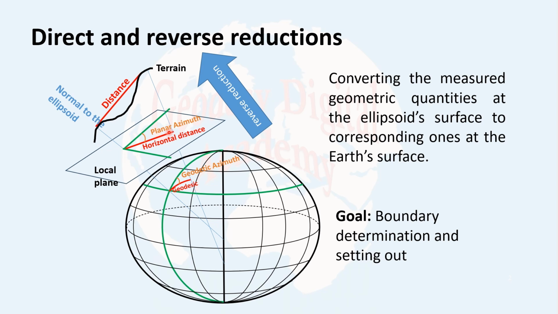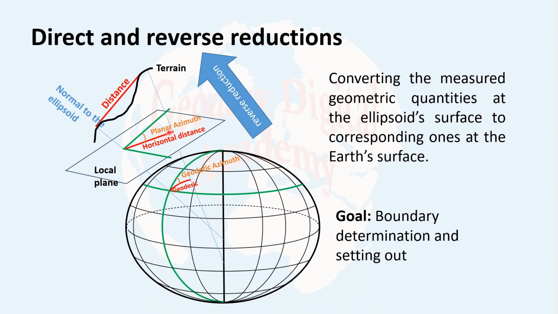For example, we want to make a big project over a country, and we need to design some boundaries or design roads, for example, and want to transfer them back from the ellipsoidal geometry that we have designed, back to reality or to the real Earth.